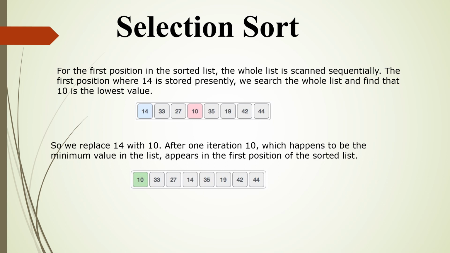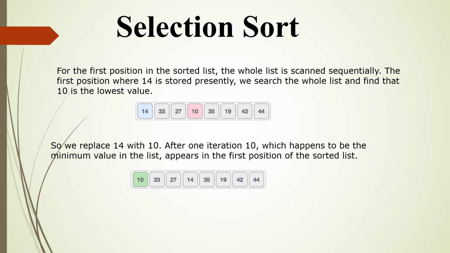Now we start scanning the list. After scanning the list, we select the lowest value from the list, that is 10 at the fourth position. Now the first position value is swapped with the fourth position value, meaning 14 is replaced by 10.